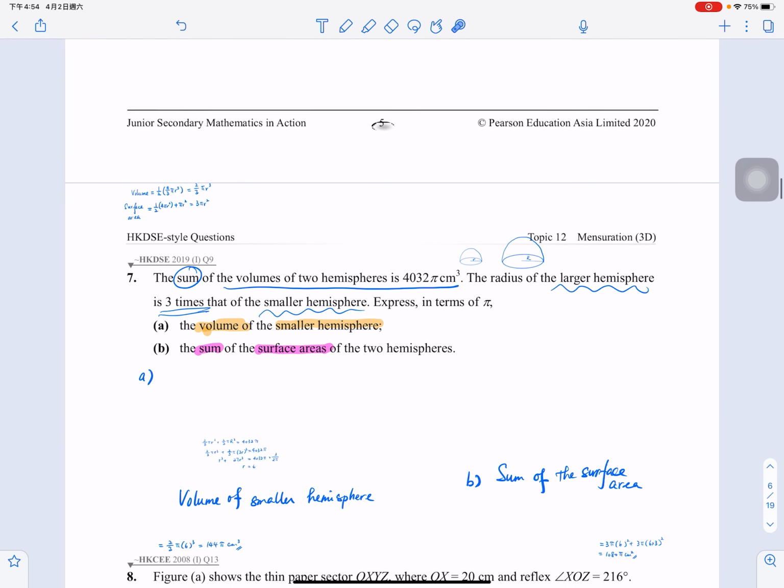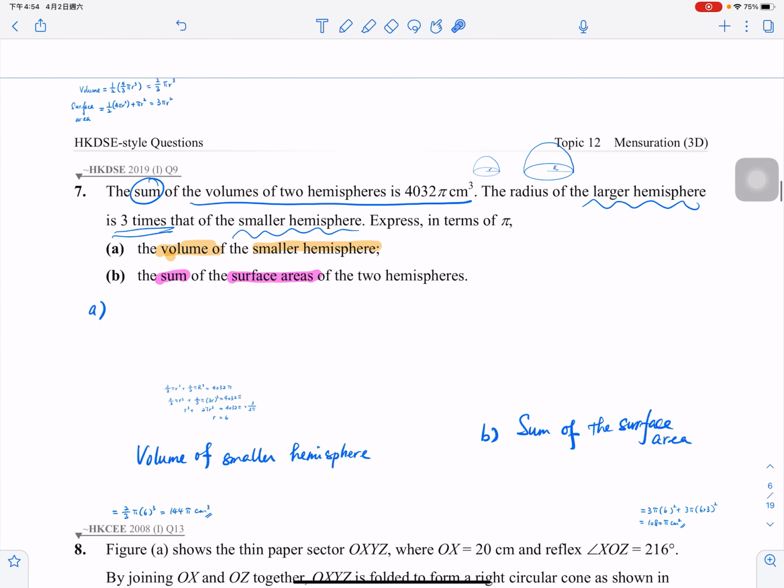Okay. Question 7 will be the last question in this video. Let's see. 7. The sum of the volumes of two hemispheres is 4,032 pi cm cube. The radius of the large hemisphere is 3 times that of the smaller one. Expressed in terms of pi, A, the volume of the smaller hemisphere, B, the sum of the surface areas of the 2 hemispheres.